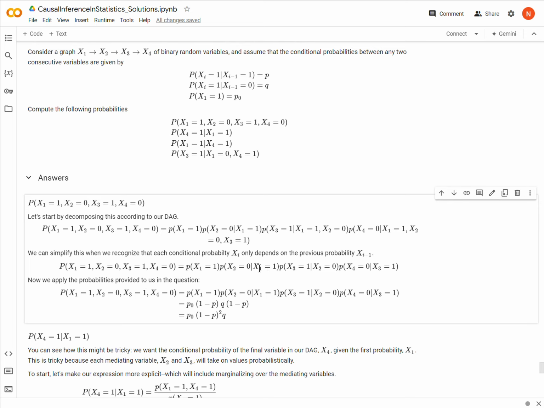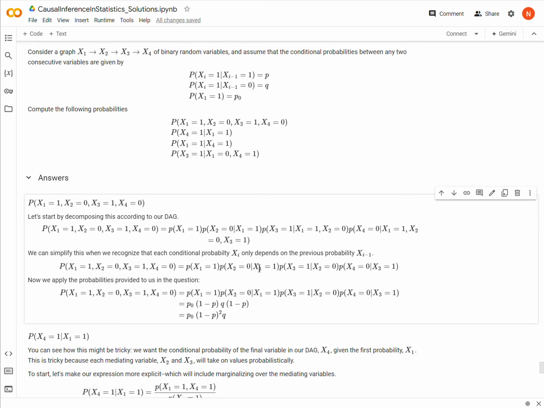So now our big joint probability looks like this. Now we want to put this in terms of the p's, q's and p naught. The probability that x1 equals 1 is given to us as p naught.